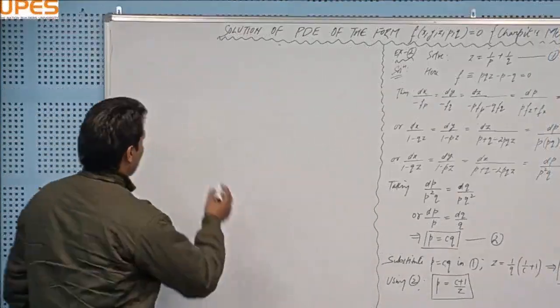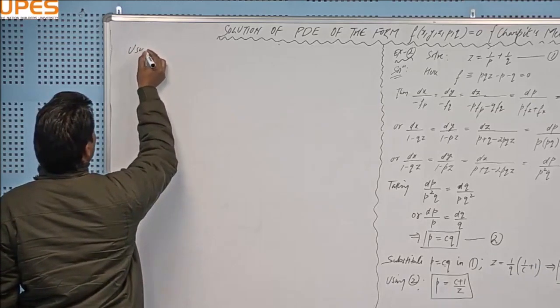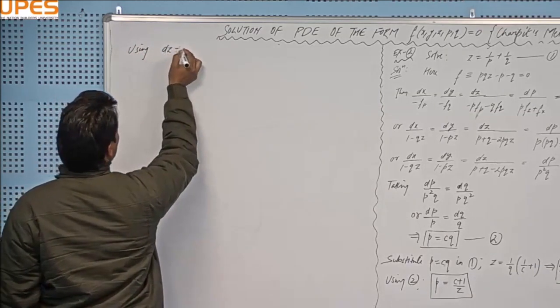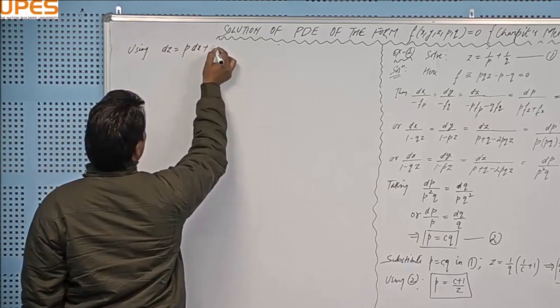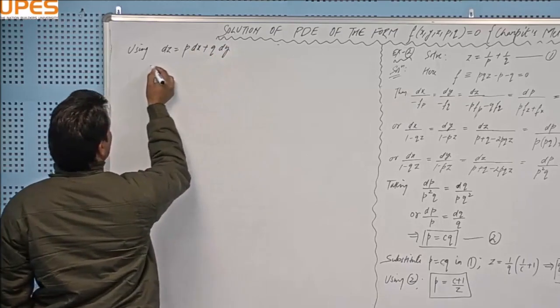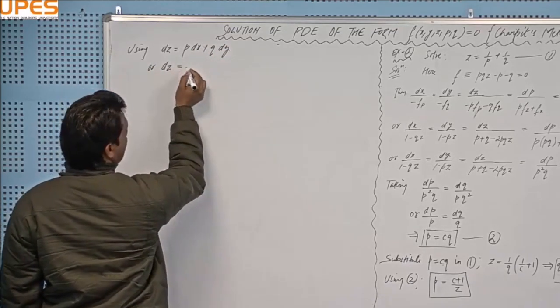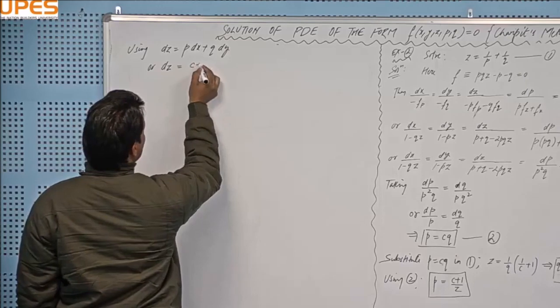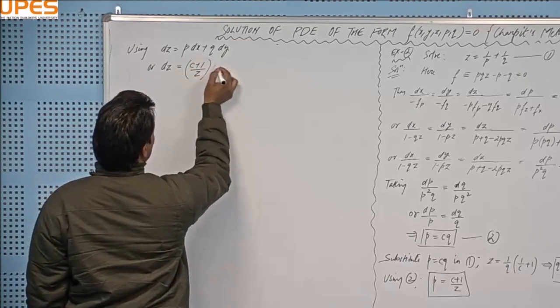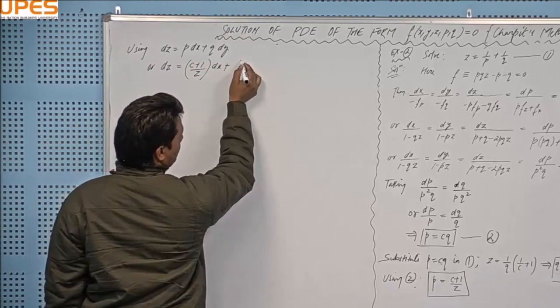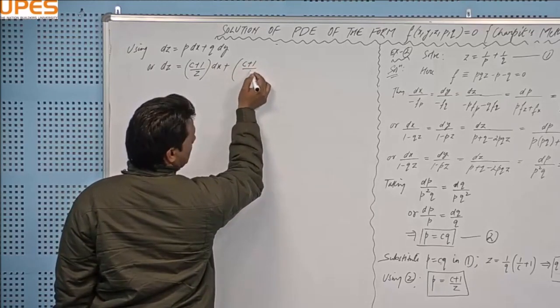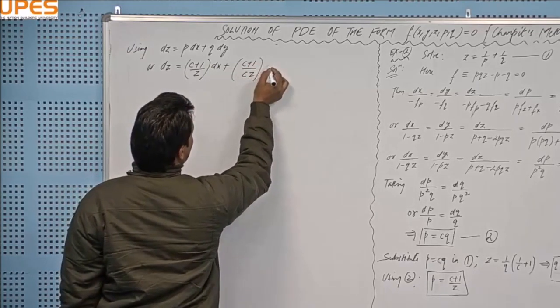Now using dz equal to P dx plus Q dy, dz equals the value of P, C plus 1 over Z dx, plus the value of Q, C plus 1 over Cz dy.